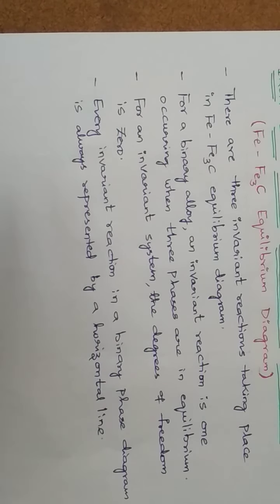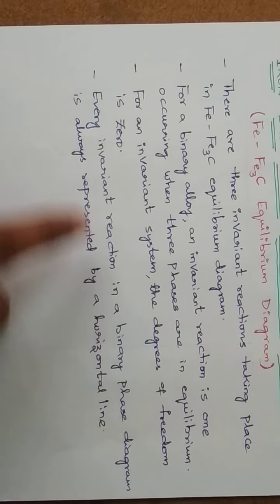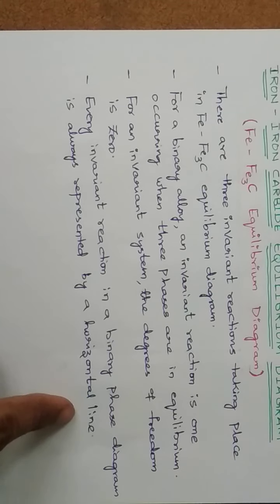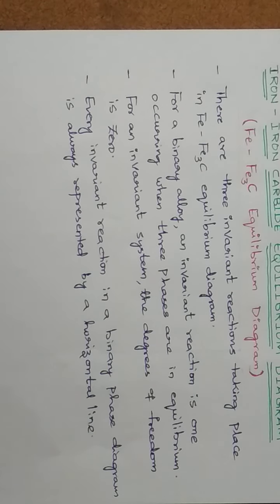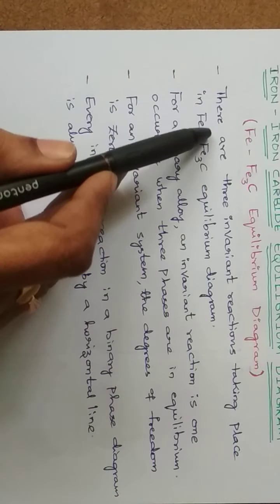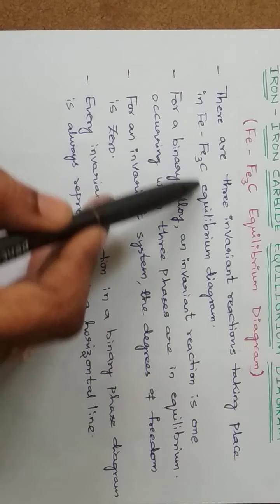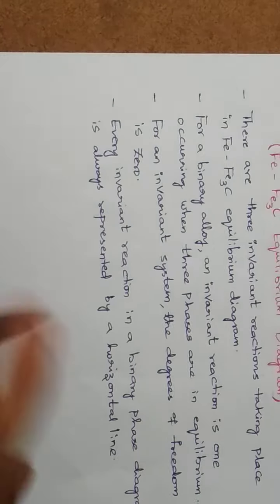So if you look at the first sentence, there are three invariant reactions taking place in the iron carbide equilibrium diagram.